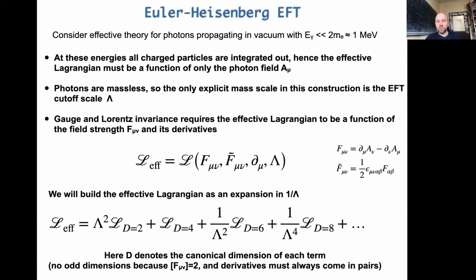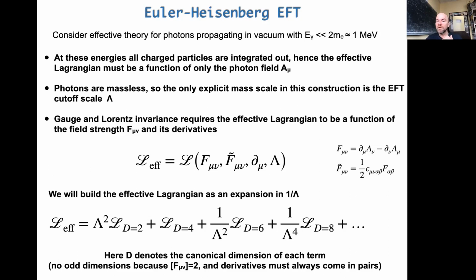how do we build this? We're going to build the Lagrangian out of the photon field, and in this case things simplify because of symmetries. Because of gauge invariance, we cannot write a Lagrangian with just the photon field, because that would not be gauge invariant.